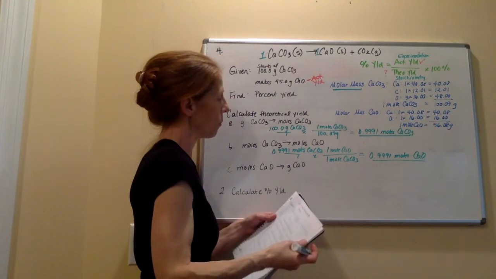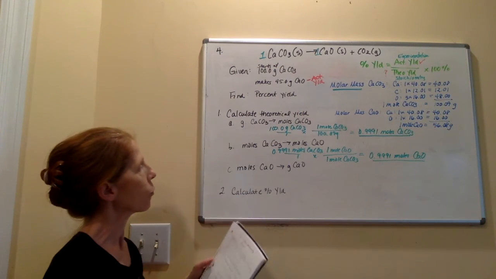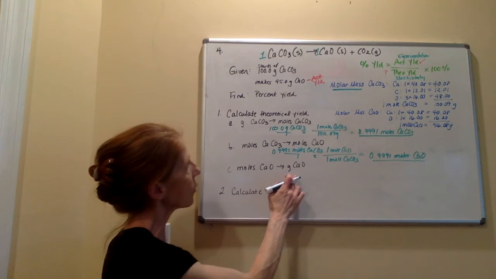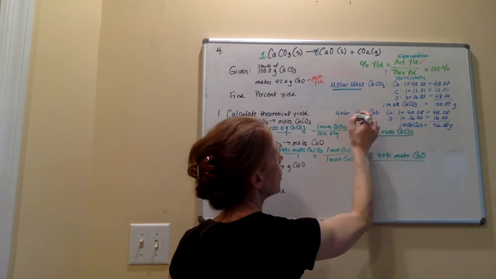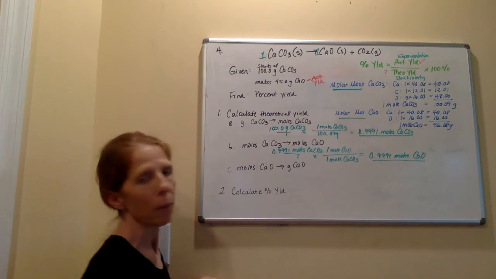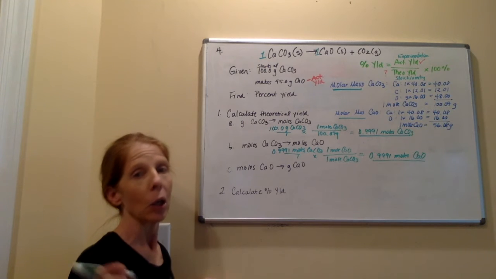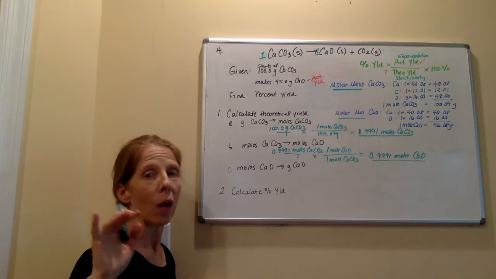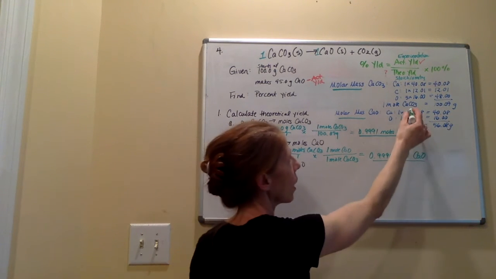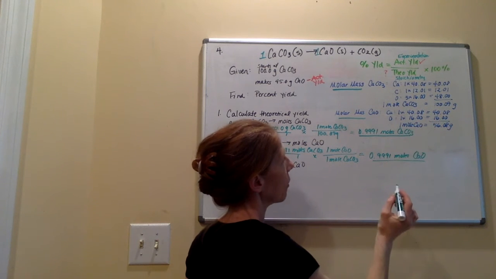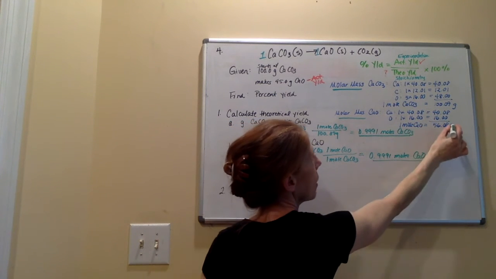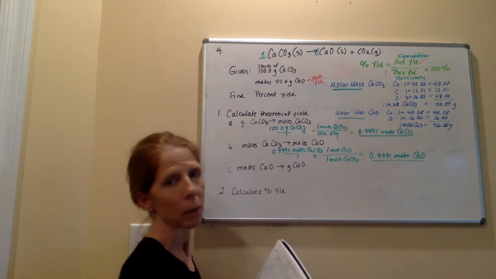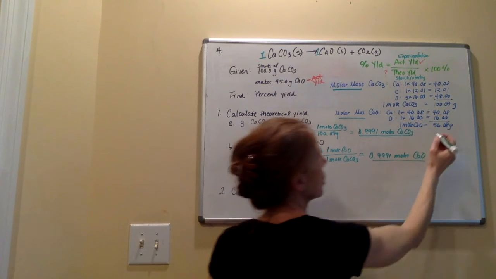That's step 2. The third step is that I have to go from moles of calcium oxide to grams of calcium oxide. Again, you can see up here I've already calculated my molar mass of calcium oxide. Hopefully that's second nature by now. Look at the periodic table: 1 atom of calcium, 1 atom of oxygen. One mole of calcium oxide is going to be 56.08 grams.